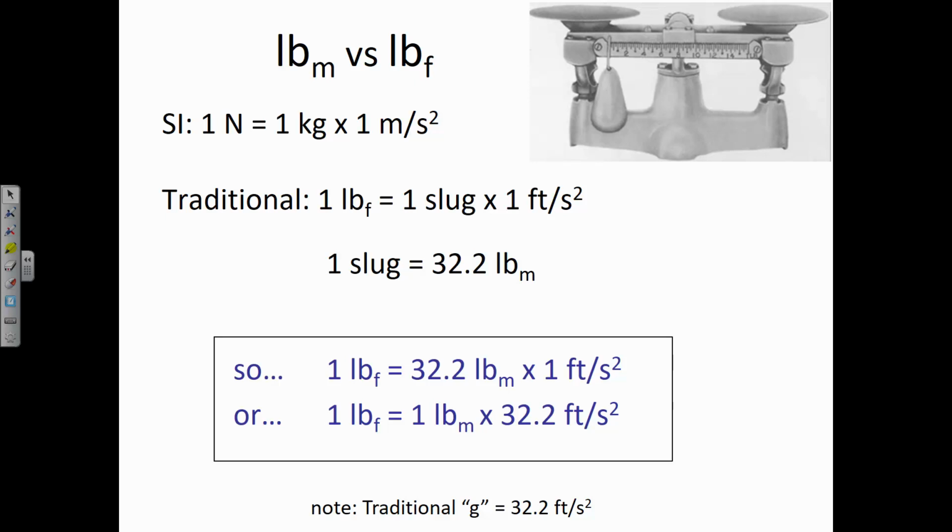So, I mean, this won't be an issue a lot. We will occasionally have to remind ourselves what a slug is and how many pounds force it takes to accelerate a slug and so on. This is part of the reason why we work most of the time in SI units, in the context of fluid mechanics, it just kind of makes more sense a lot of times.